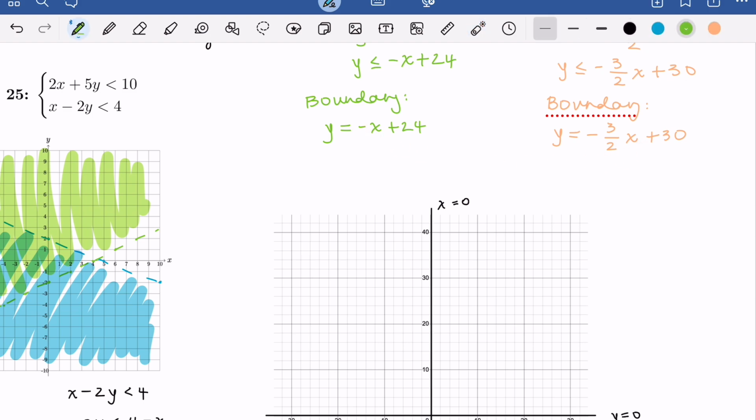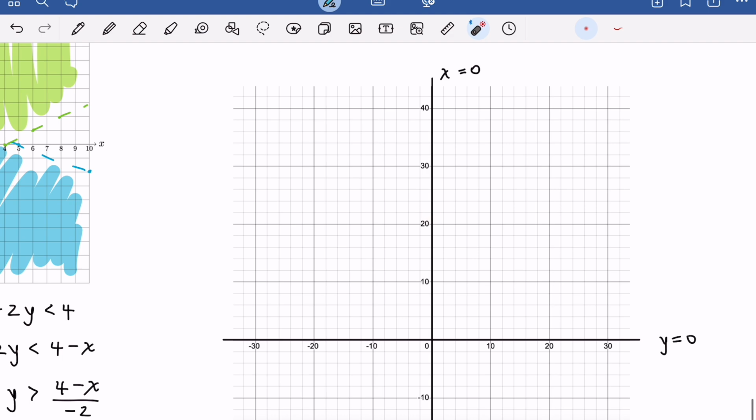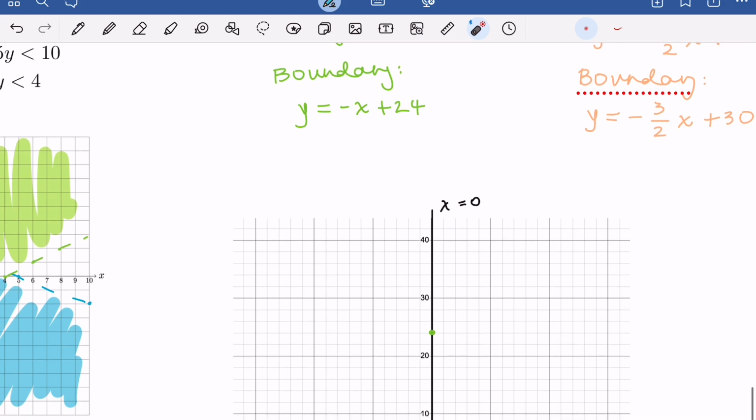So in green, we're going to have minus x plus 24. This means our y-intercept is going to be at 24. Notice this graph is increasing in increments of 2, so 24 would be that point here. Our slope is negative, and it's actually negative 1 over 1 if we're thinking of this in terms of rise over run. So our slope is going to be a line in this direction. To graph this, we're going to go up 1 over 1, which is the same thing as up 2 over 2, since these are increasing in increments of 2.